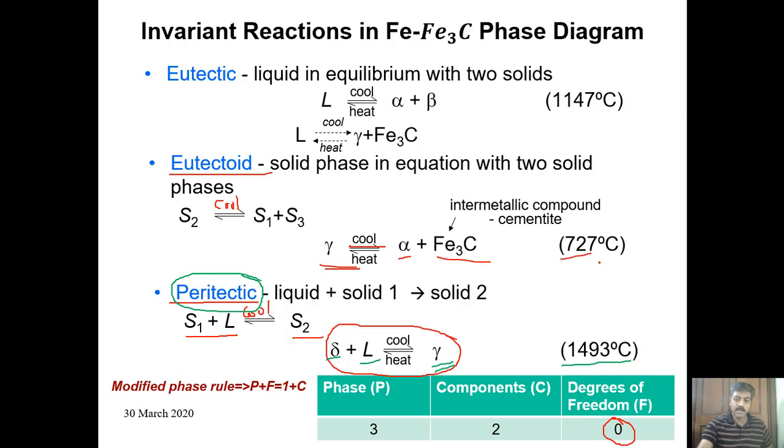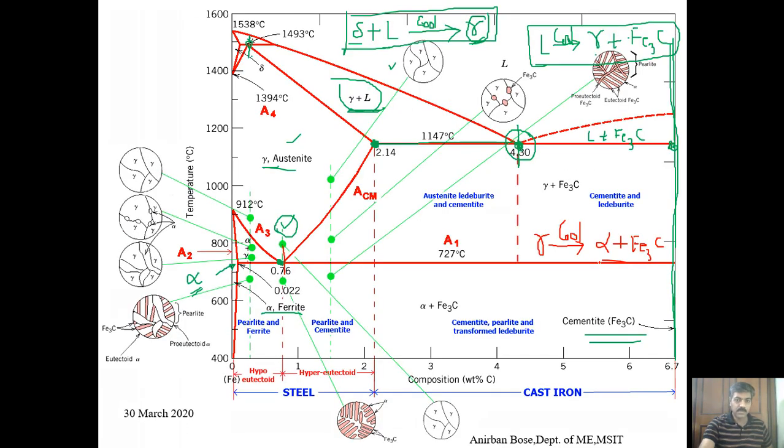It is happening at 727 degrees centigrade, which is called the eutectoid temperature. This is the eutectoid composition, which is 0.76% of carbon. These are the things that you have to remember.